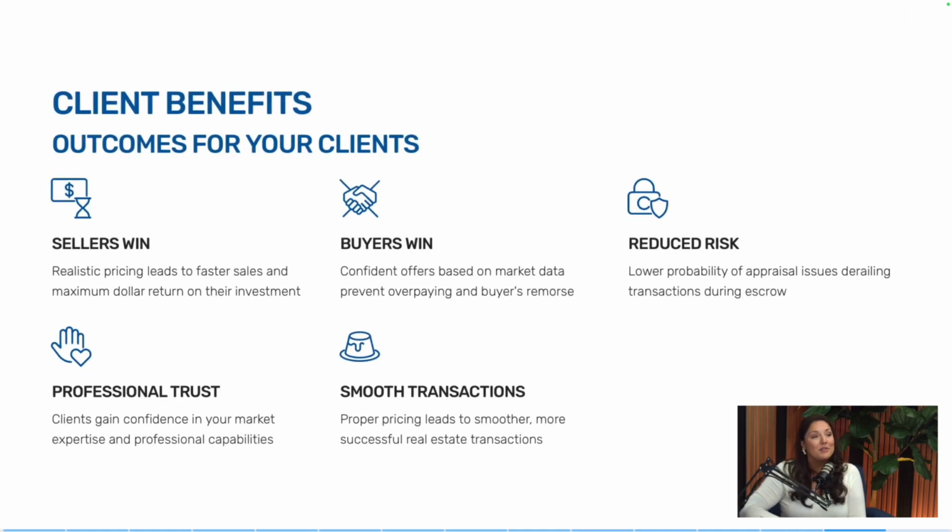So the outcomes for your clients, well, for sellers, realistic pricing that gets them top dollar without sitting too long. For your buyers, confidence that they're writing a fair, competitive offer. And for everyone, fewer appraisal issues. Most importantly, they gain trust in you as a professional guiding them.